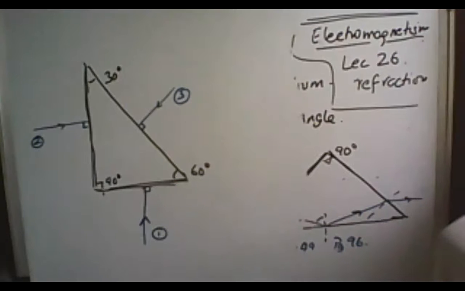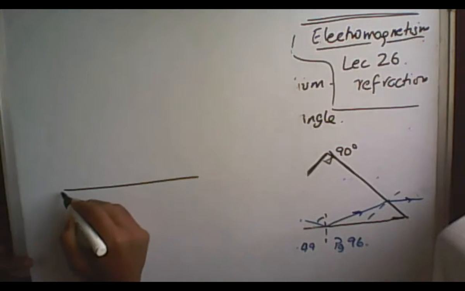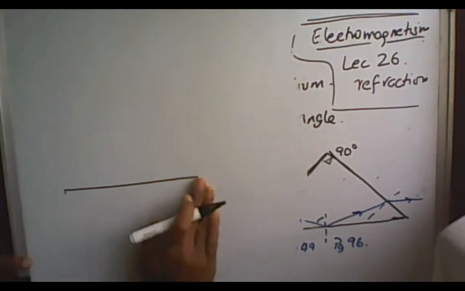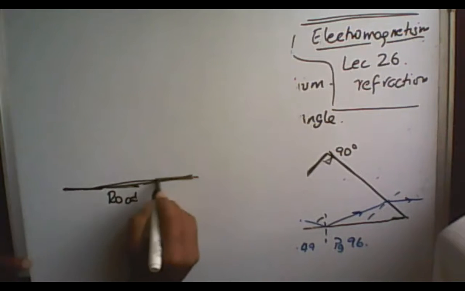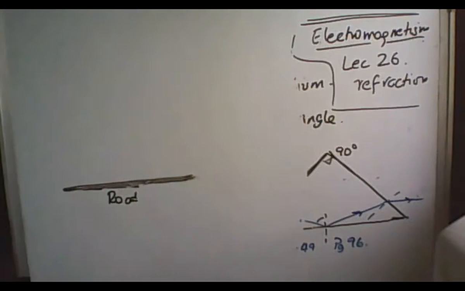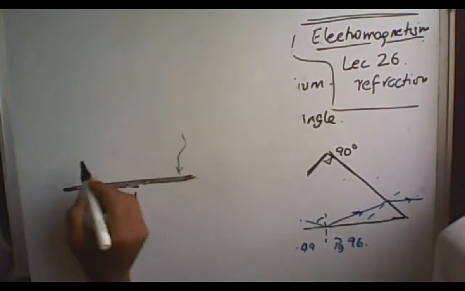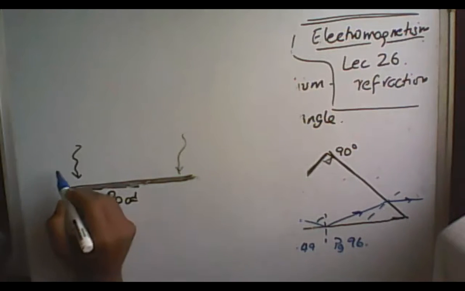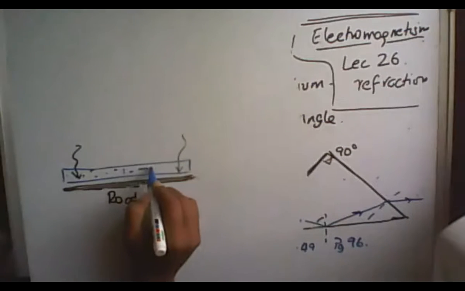So to come back to the board, let's say that this is the surface of the road, a cross section. Now, because of the incoming solar radiation, the air just above it also gets hot.